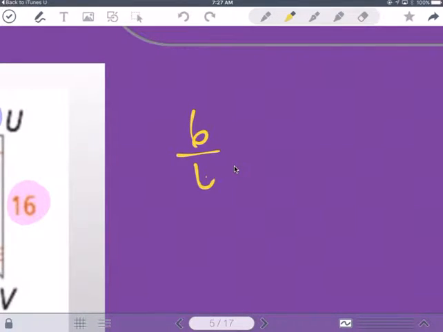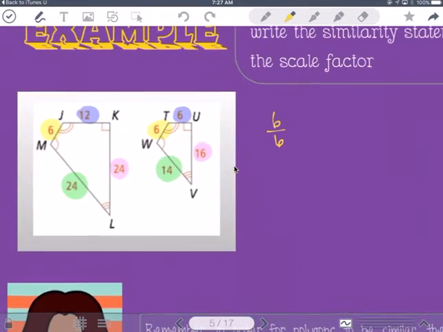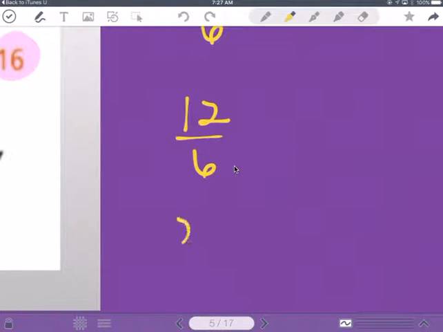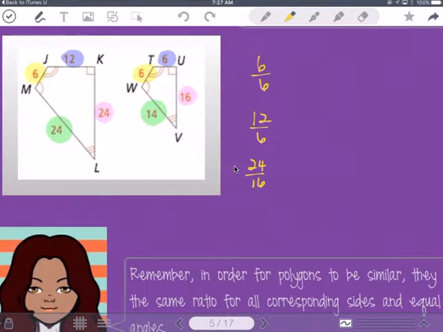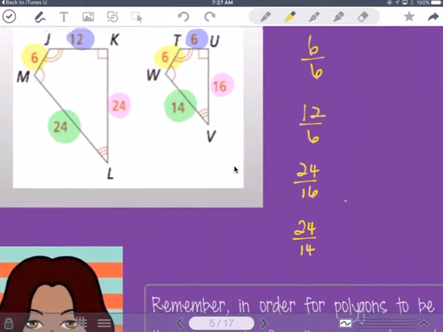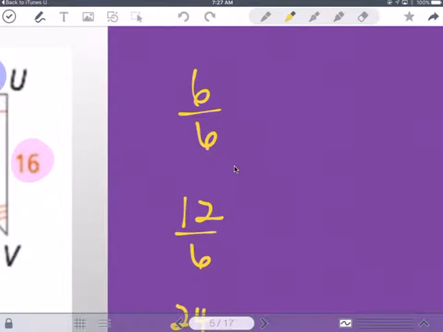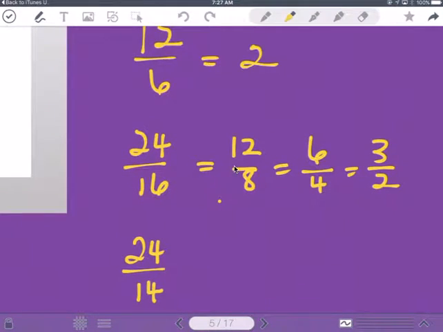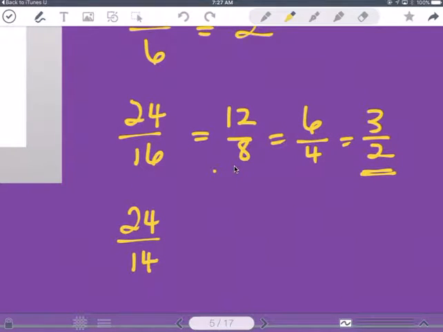So I have 6 over 6, 12 over 6, 24 over 16, and 24 over 14. Okay, well 6 over 6, if you use math frac, that'll give you 1. 12 over 6 will give you 2. 24 over 16, 12 over 8, 6 over 4, which is 3 over 2. So you should get 3 over 2 in your calculator. 24 over 14 would be 12 over 7.